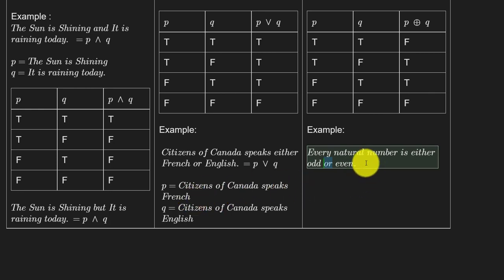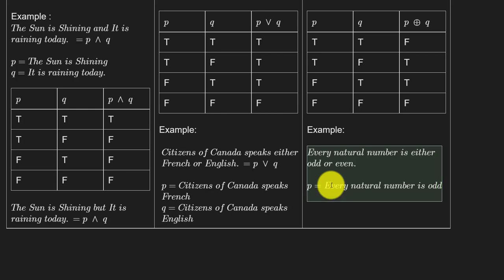Similarly, if I derive my P and Q from here, P will be: every natural number is odd, or my Q could be: every natural number is even.